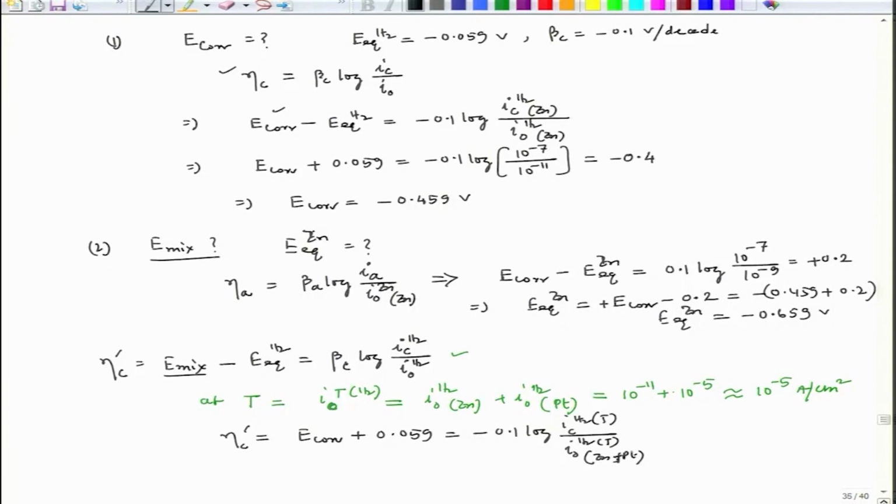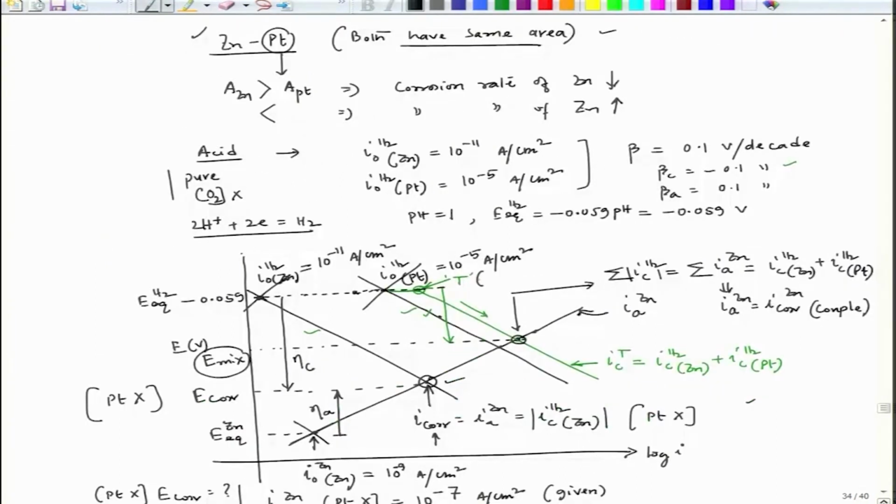I am just adding a plus sign here just to indicate that this is the total value of exchange current density. So, the T point is nothing but IC hydrogen, where T means total.